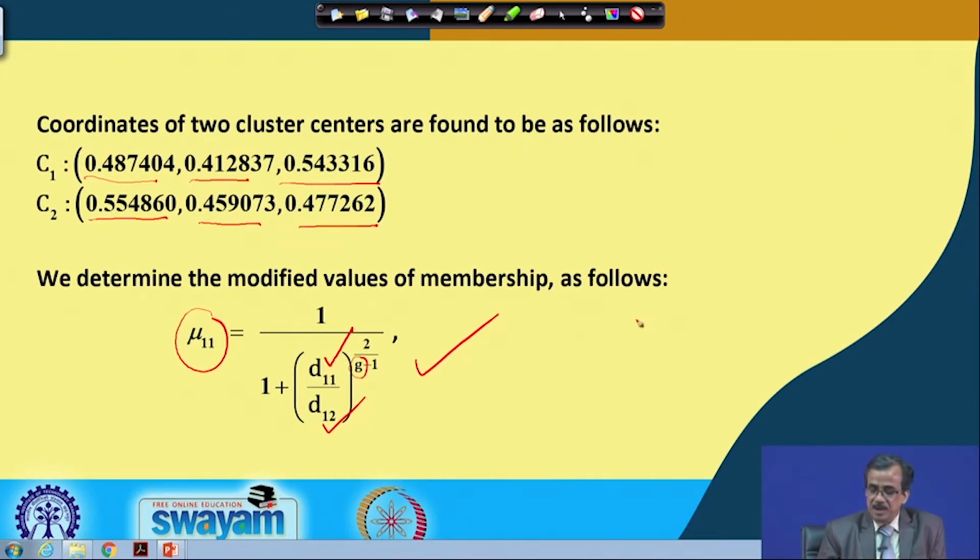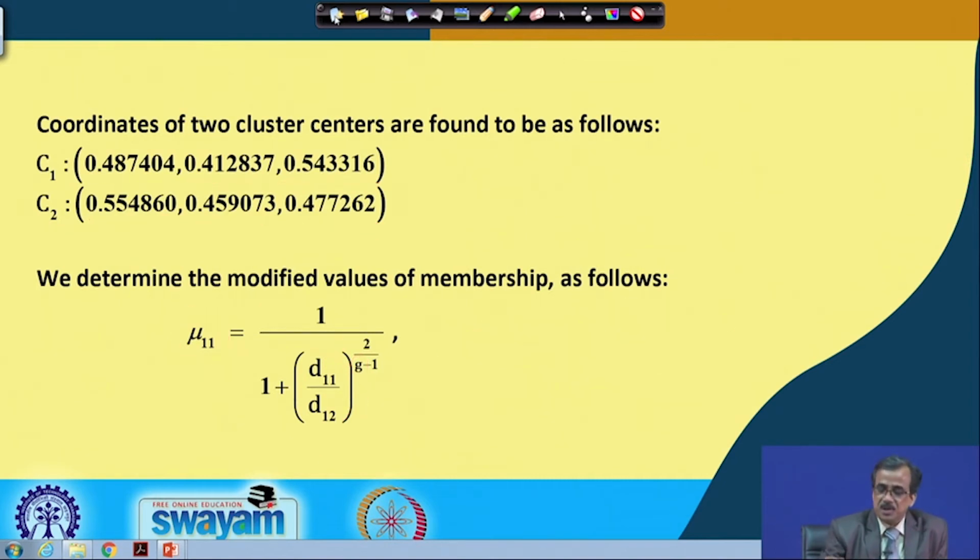If you remember, dij is the Euclidean distance between the ith data point and the jth cluster center. So d11 is the Euclidean distance between the first data point and the first cluster center, and d12 is the Euclidean distance between the first data point and the second cluster center. So how to determine that?